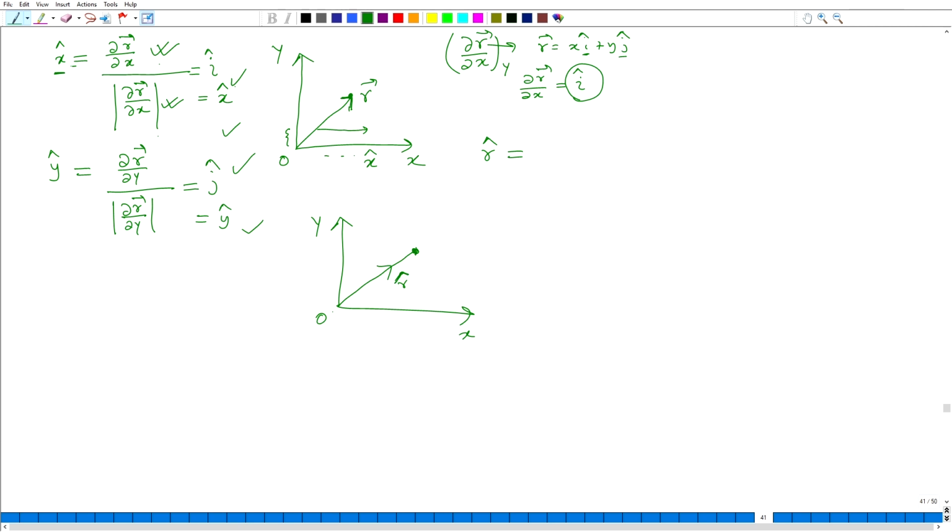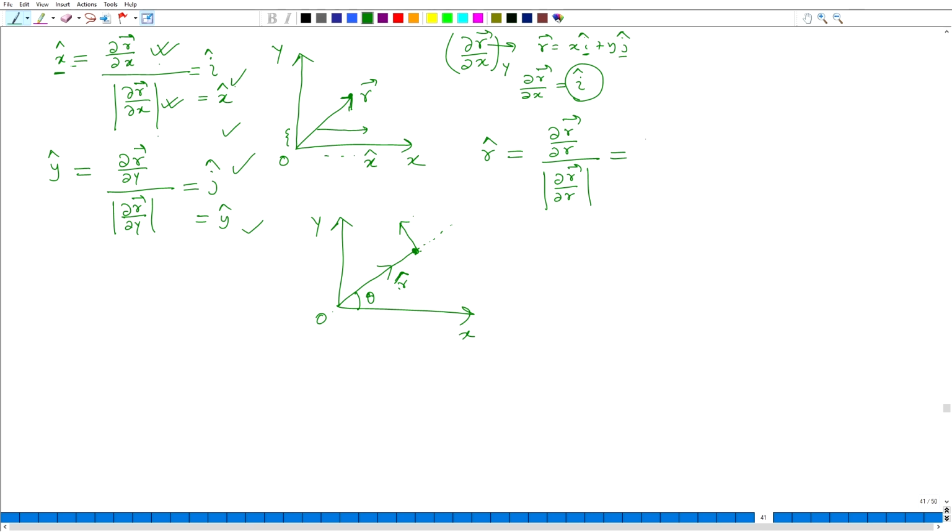This is the direction along which if you go, only r will change but theta will remain unchanged, and theta cap is the direction along which r is unchanged but theta changes. So we can simply write r cap as del r vector del r divided by the modulus of del r vector del r.